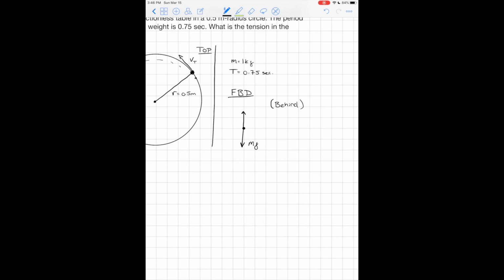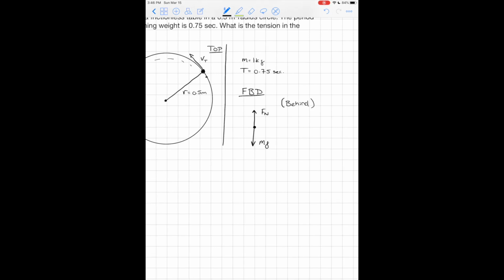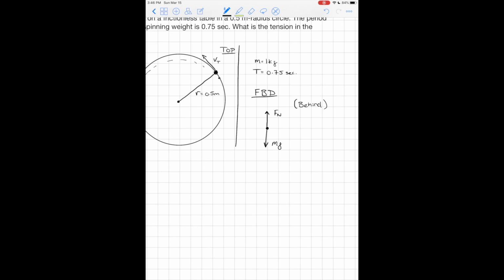Of course, I have the frictionless table providing some normal force up. And because I'm going counterclockwise, radially in is to my left, radially outward is to my right. And so my tension is always going to be pointing to the left, radially inward.